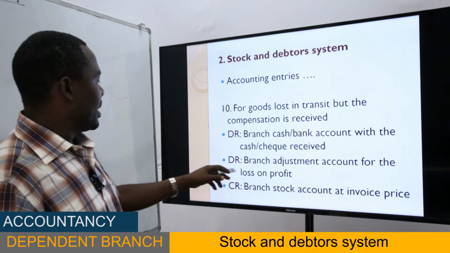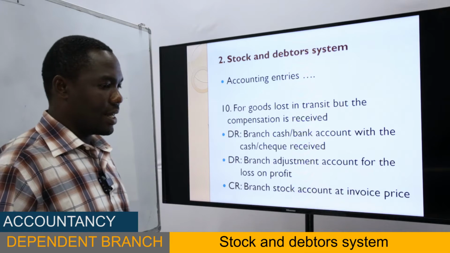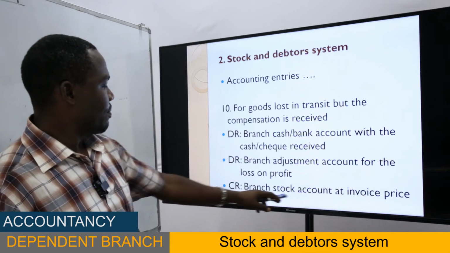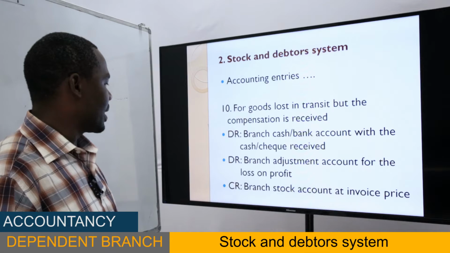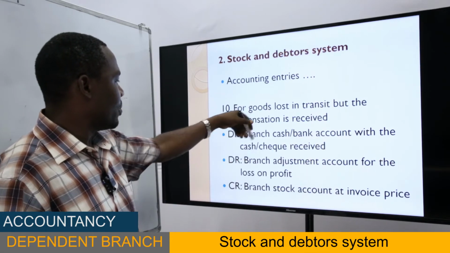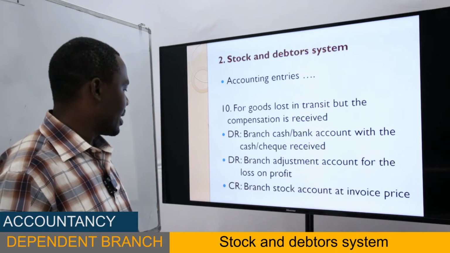Then we debit branch adjustment account for the loss, that is the difference between the amount of loss and the receipt from insurance.